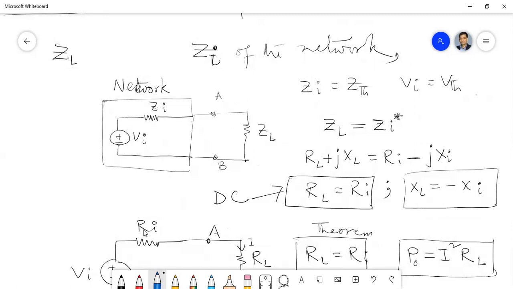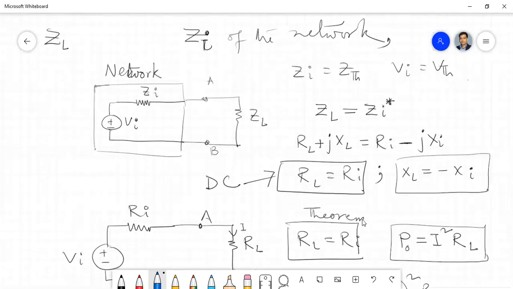Is it so? Can you remember? Anyone? Anyone who can remember? That means you are not serious. That means you are not going through the notes, and you are not watching the recorded classes.